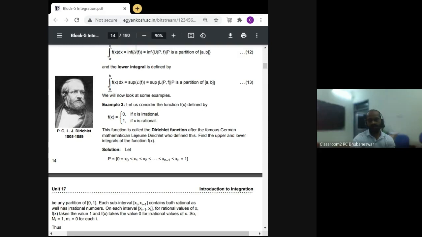This horizontal bar indicates that this integration is the lower integral of the function on the interval AB, and by definition it is the supremum of the lower Darboux sum of the function with respect to partition P on the closed interval AB. So this is the formal definition of the upper integral and lower integral of the function defined on a closed interval AB.